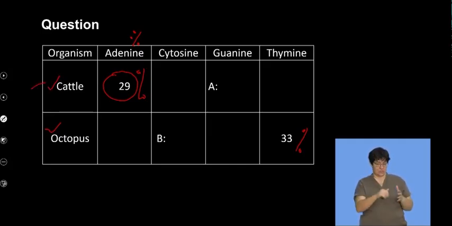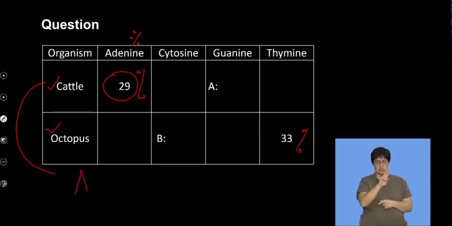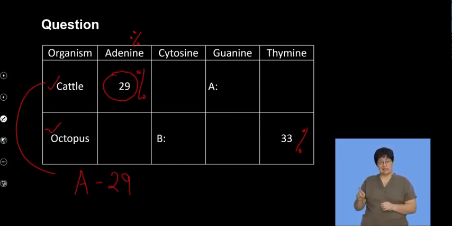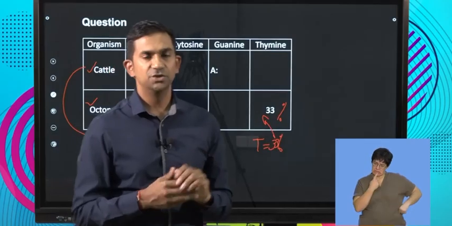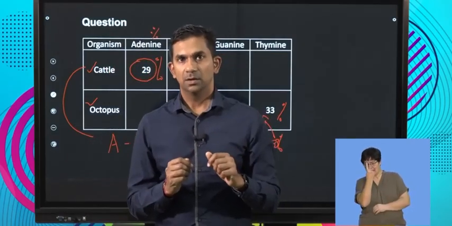If we look at the cattle, the percentage of adenine is 29%. If we look at the octopus, thymine is indicated as a percentage of 33%.